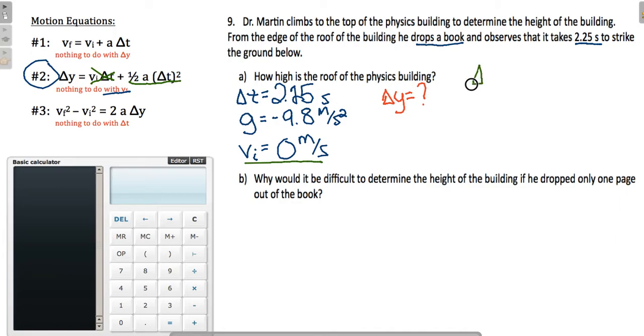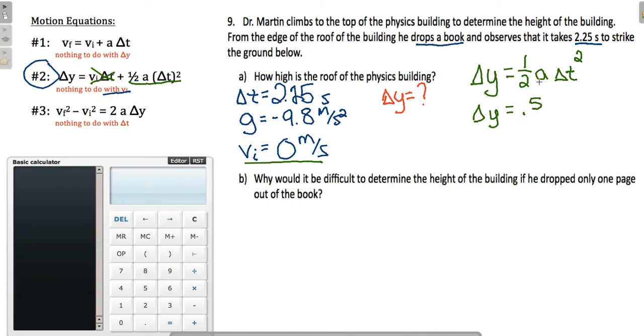So delta y, the height of the building, will equal 1/2 the acceleration multiplied by time squared. Don't forget the exponent, guys. A lot of people yesterday forgot that squared value. Alright, so delta y is equal to, once again for 1/2, I'm going to write 0.5 instead.